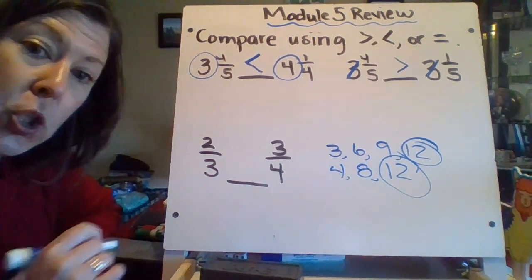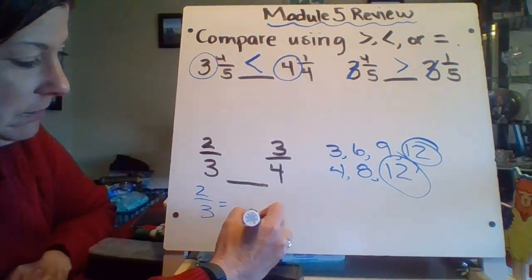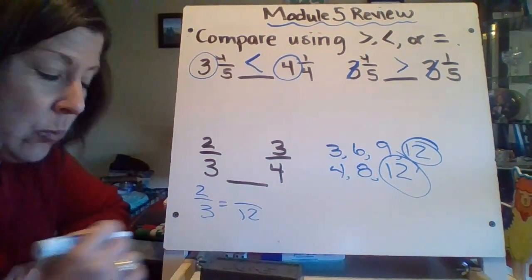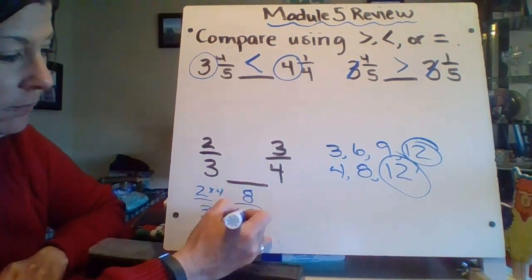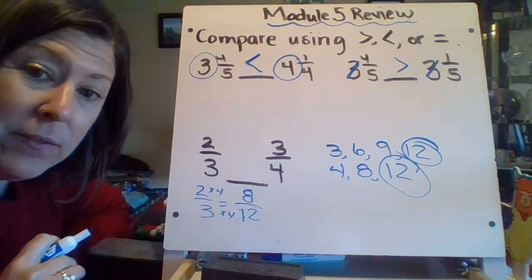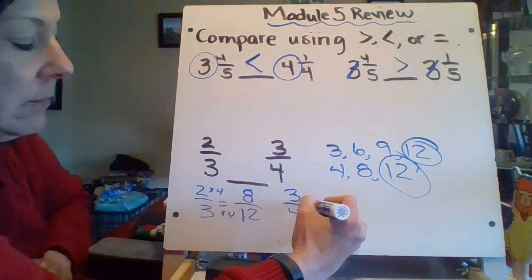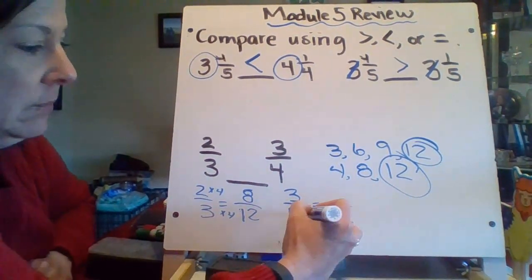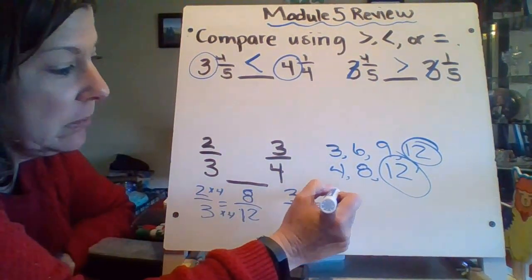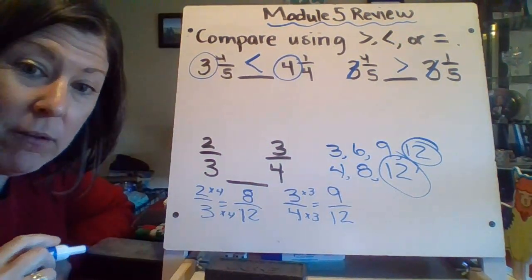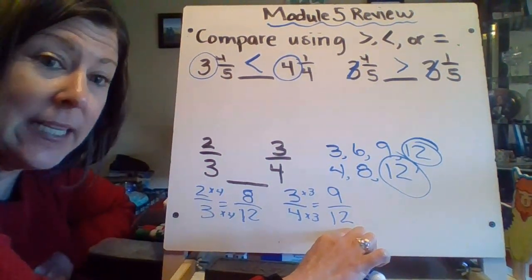There it is. 2/3 is equal to 8/12. 3/4 is equal to 9/12. 8/12 is less than 9/12.